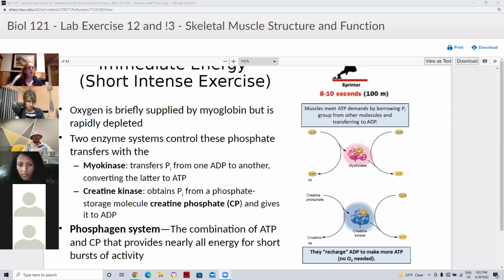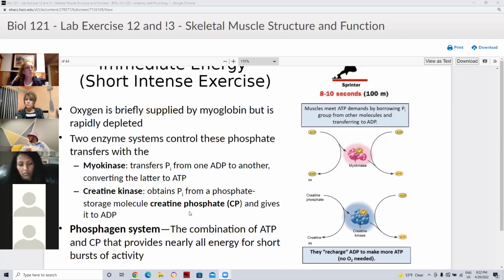Another way that we can make ATP is creatine kinase. Got a lot of kinases here. Creatine kinase is going to transfer the phosphate group from creatine phosphate and give it to another ADP to make another ATP.